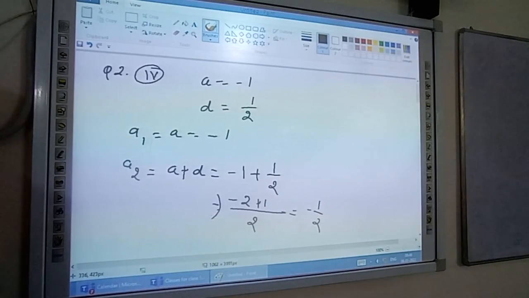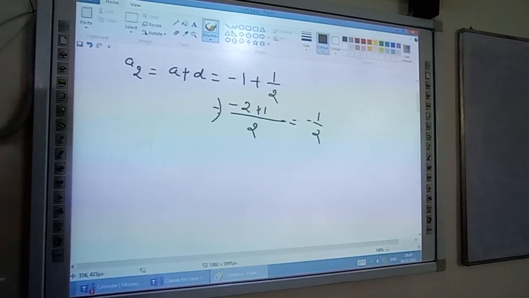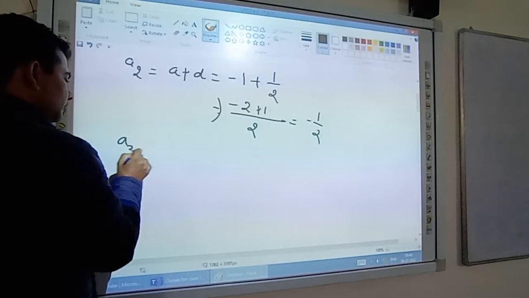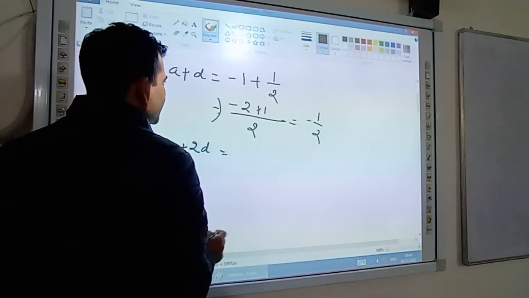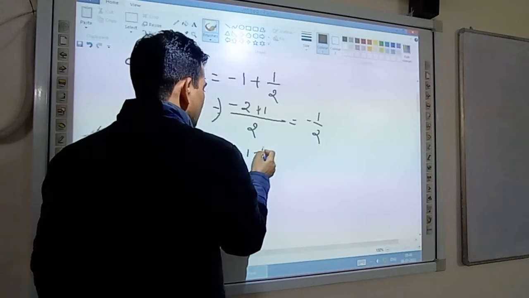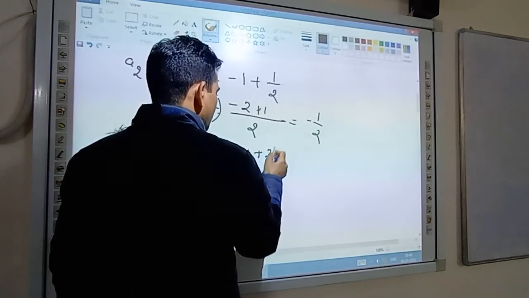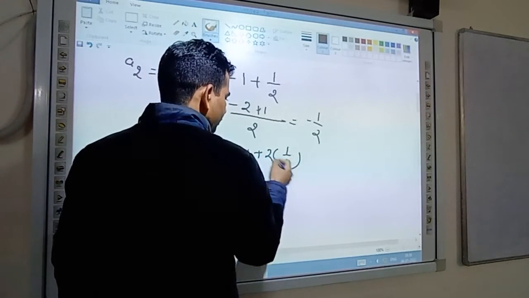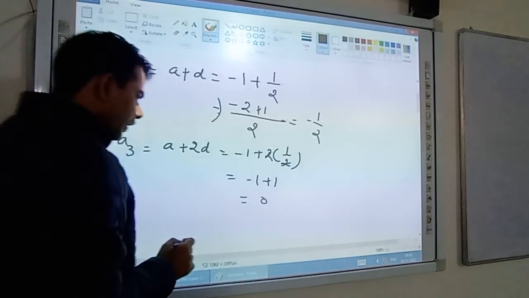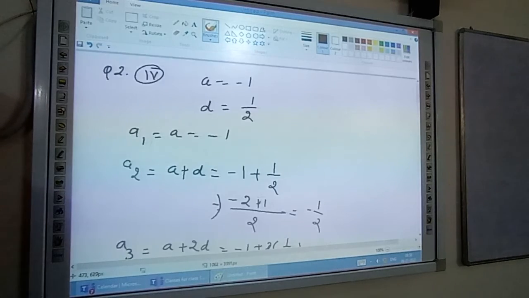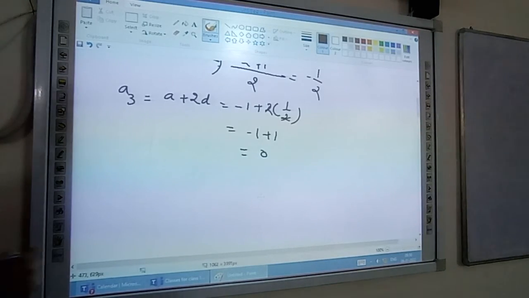What is A3? Third term, A plus 2D. A is minus 1, D is 1 by 2. Minus 1 plus 1, that is 0. And what is fourth term?